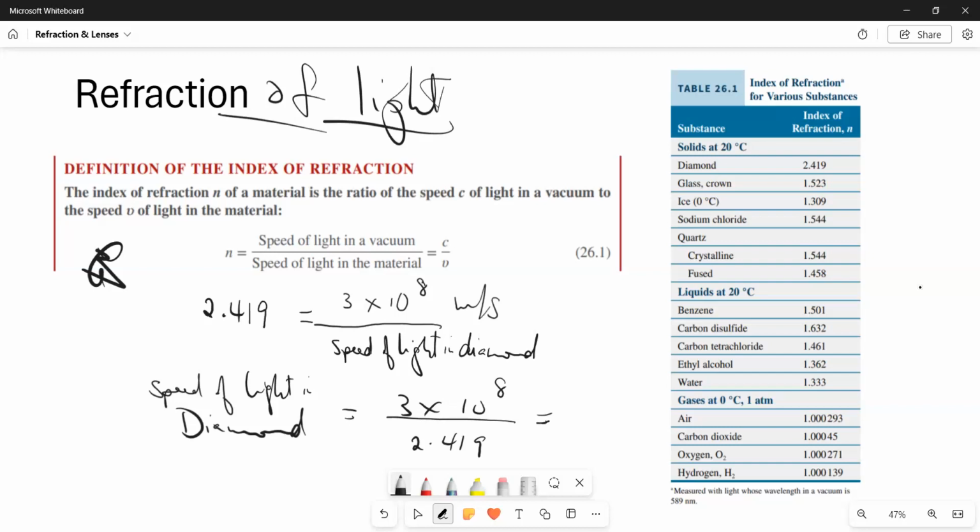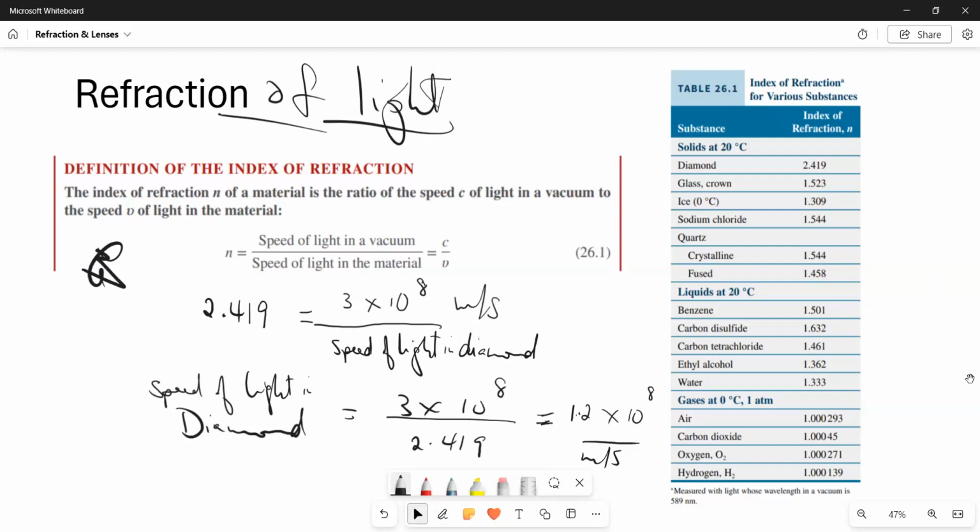How would it be, roughly? I got 1.2 times 10 to the 8th. 1.2 times 10 to the 8th meters per second, that is. So it's a lot slower.